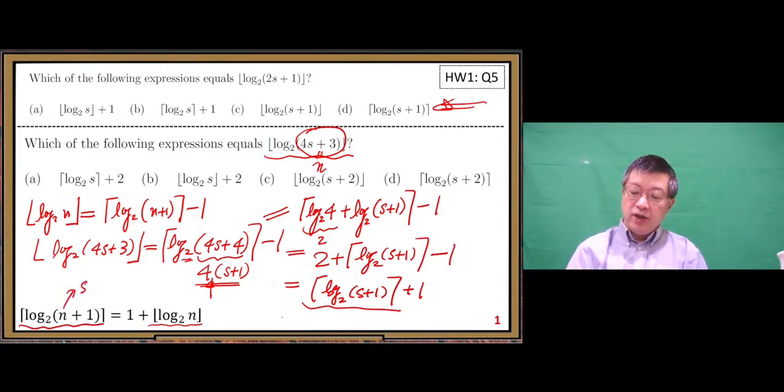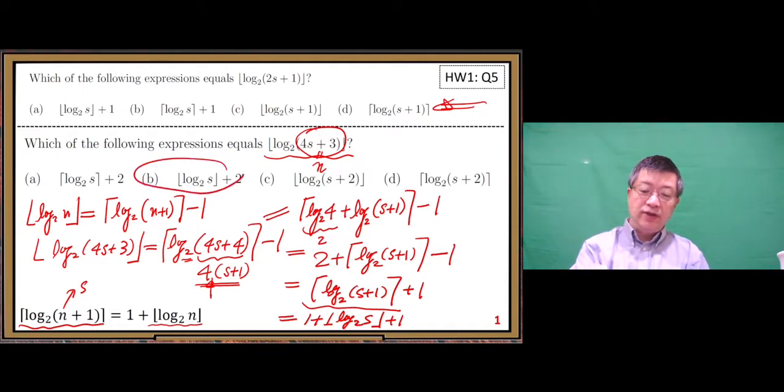So we apply this formula another time: 1 plus the floor function of log of s, plus 1. So you have 2. Floor function, 1 plus 1, 2. Yeah. So finally, you get that.